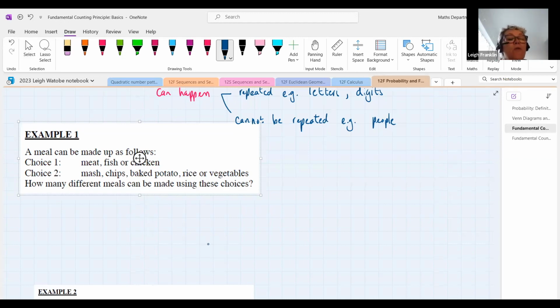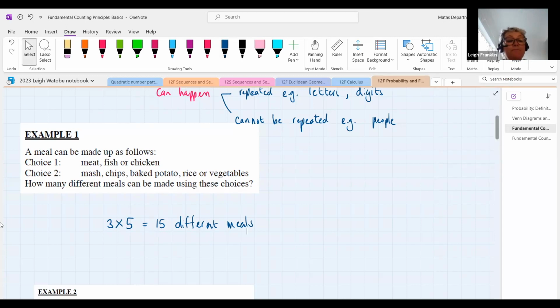There are 3 ways in which the first choice can be made, multiplied by 5 ways in which the second choice can be made. If we multiply the number of ways together, there are 15 different meals that can be created using these options.